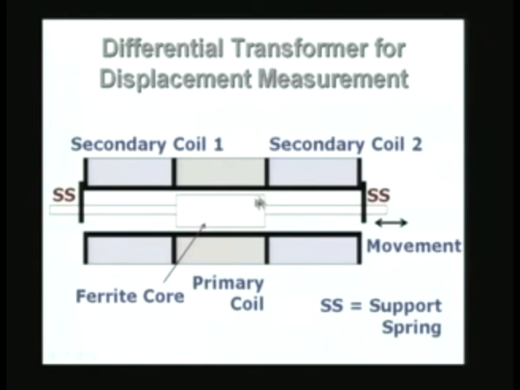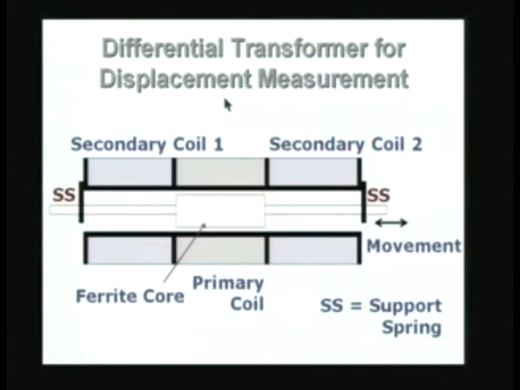Suppose this moves to the right hand side, the secondary coil 2 will give you a higher voltage than the secondary coil 1, and I connect these secondary coils back to back. So, if I measure the difference in voltage generated by the secondary coil 1 and the secondary coil 2, that will be proportional to the movement or the displacement.